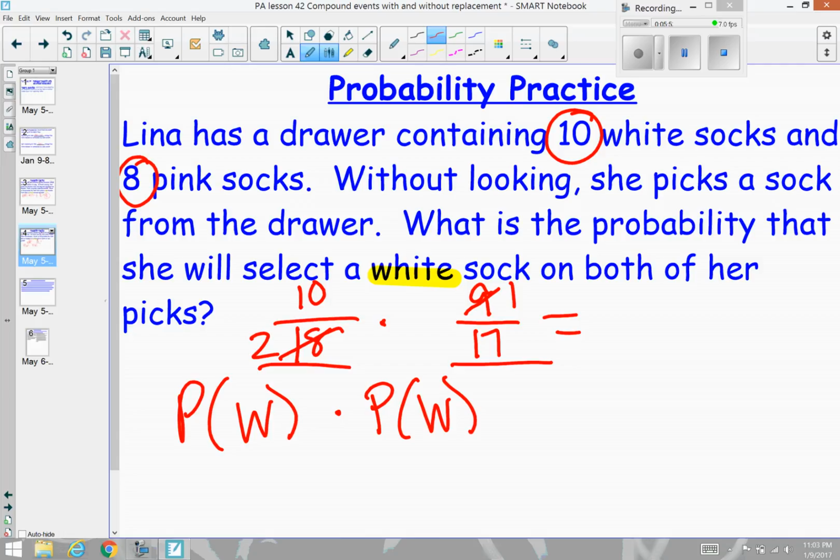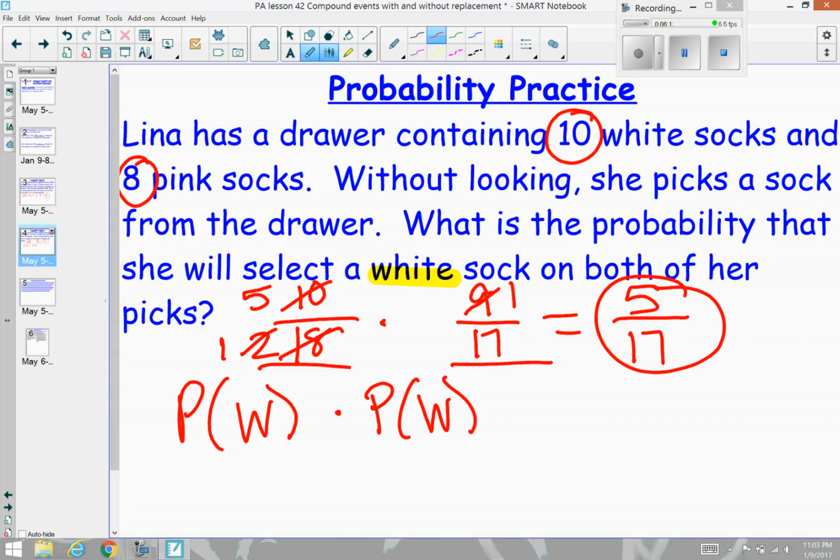Now I can simplify it further because 2 can go into 10 5 times. So now I have 5 times 1, which is 5, and 1 times 17, which is 17. So the final answer is 5 out of 17.